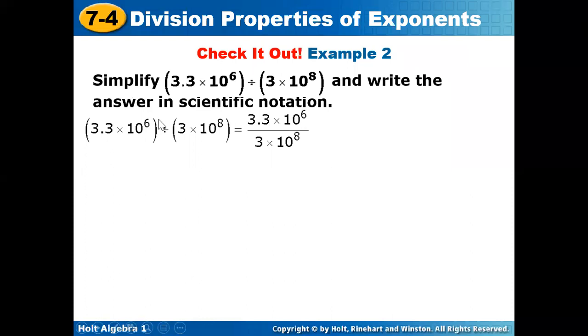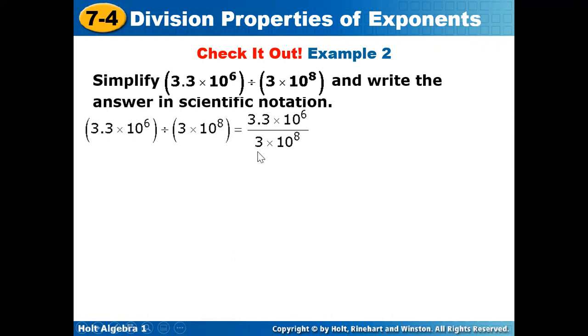All right, so as we did before, we're dividing here before we were multiplying, but because we have a number with no variable and an exponent with the same base, we can split them up, right? 3.3 times 10 to the 6th divided by 3 times 10 to the 8th.